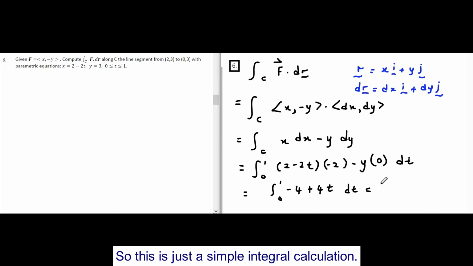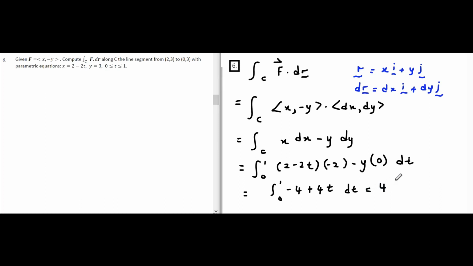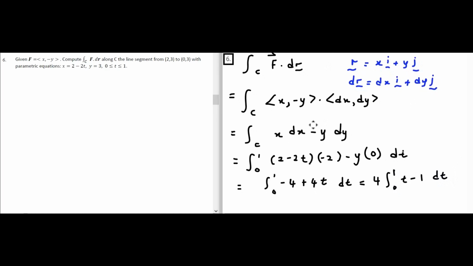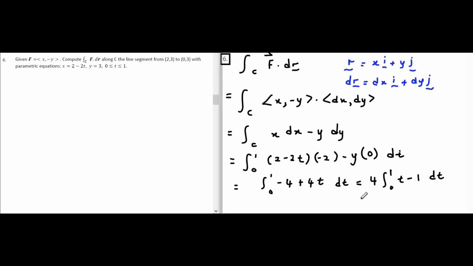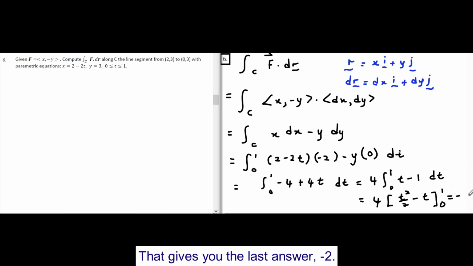So this is just a simple integral calculation, that gives you the last answer, negative 2.